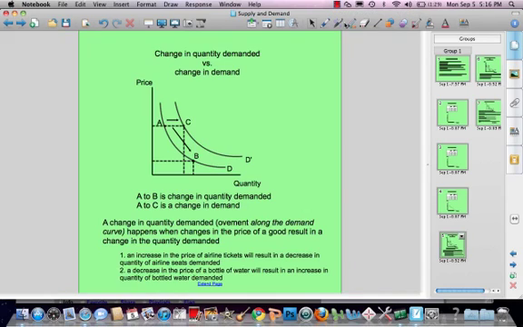Let's talk now about changes in the demand schedule. There are two ways that the demand schedule or demand curve can change. The first is change in quantity demanded, and the second is change in demand.